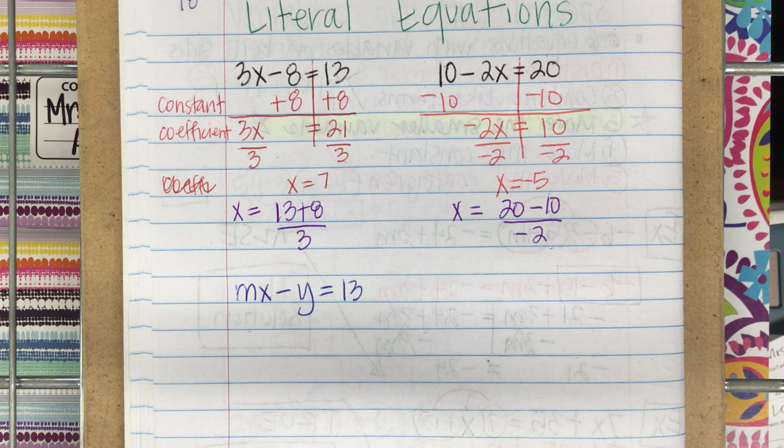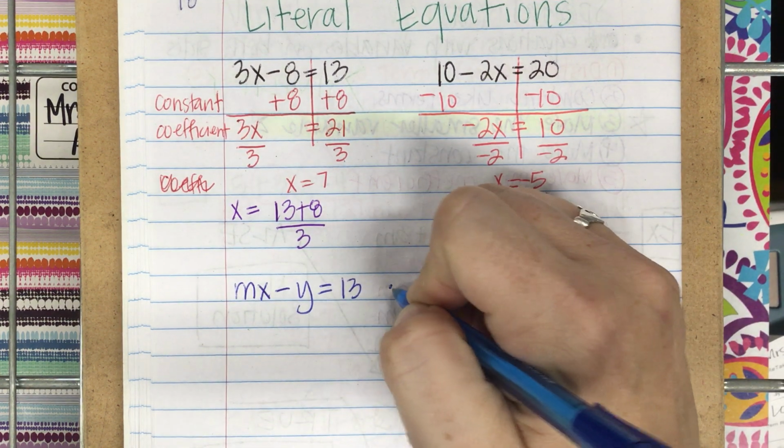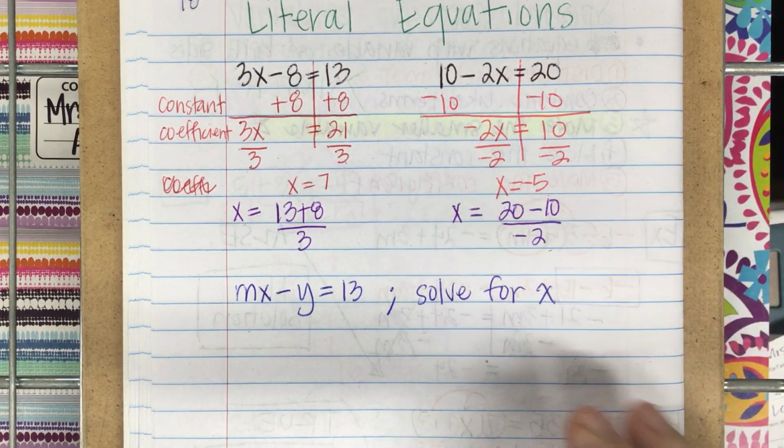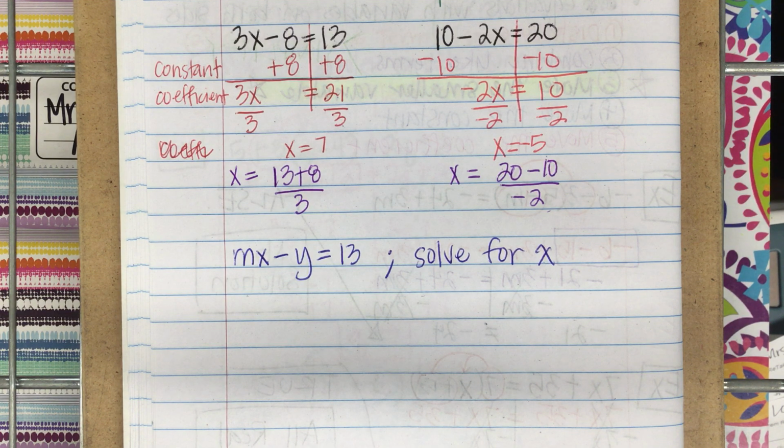You'd be pretty darn confused. And if I said solve for x, meaning I want x by itself, well, I'm still going to do the same thing.